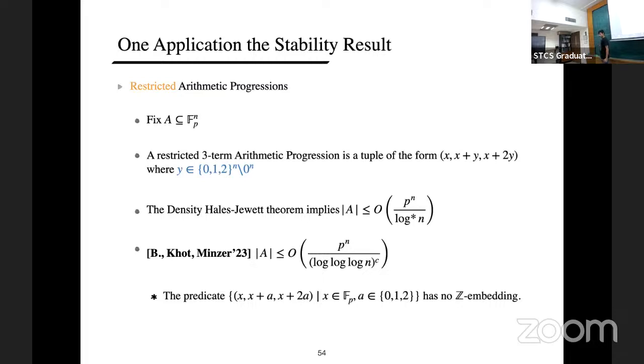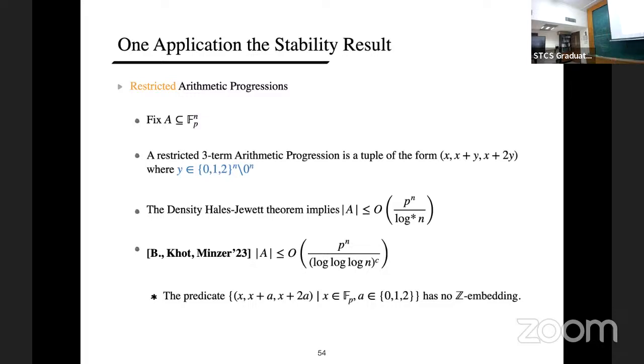Take the fiber, yes, the fiber, and you move to one of these. But this makes things complicated because there's a leftover part, and you have to get rid of that. That makes the density argument a little bit trickier, but essentially we use that stability result to do the density increment argument. Really the point is this: the correlation gives you a way to move to a smaller space to increase the density.